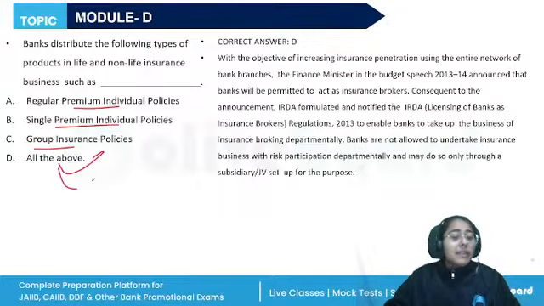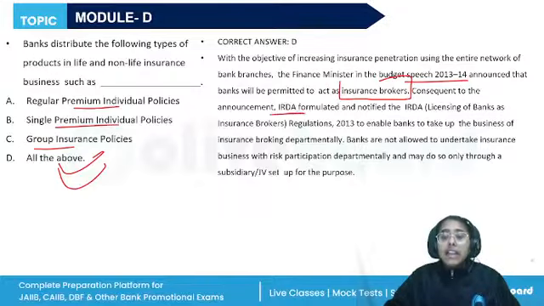So banks have been allowed to distribute the non-life and life insurance business. The finance minister in the budget speech 2013-14 announced that banks will be permitted to act as insurance brokers.